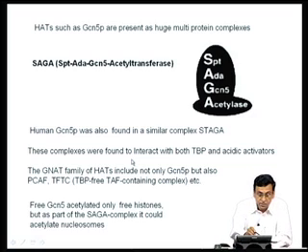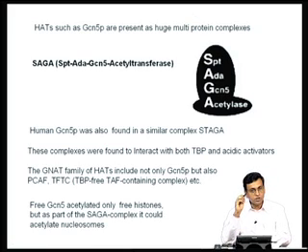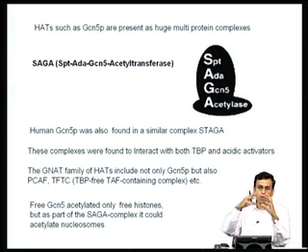So HATs such as GCN5p are found to be present in huge multi-protein complexes. Remember, one of the important functions of these HATs is that they have to be associated with promoter regions or components of the transcriptional machinery. So many of these HATs or the HDACs were found to be multi-subunit complexes, and they are components of other proteins which together form huge multi-protein complexes.